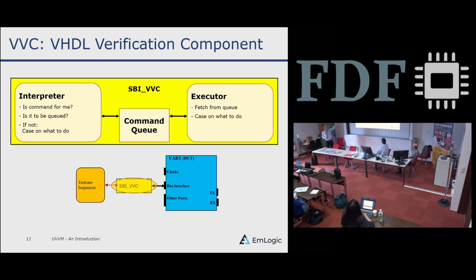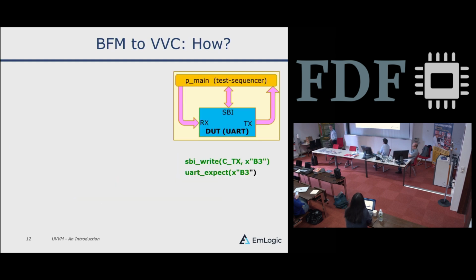Then the executor will case on what to do. Could that be an SBI write, an SBI read, an SBI check, or something else? And then it will execute the BFM we talked about previously towards the bus interface. So that means now the test sequencer is not executing the BFM, but the verification component is executing the BFM and has been told to do so.